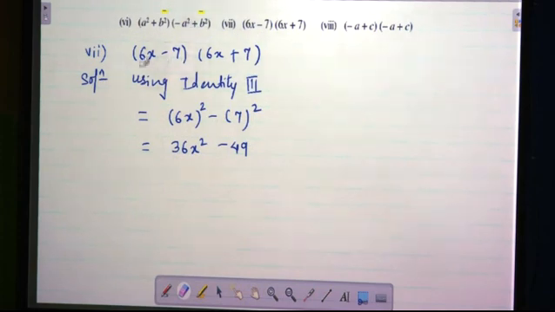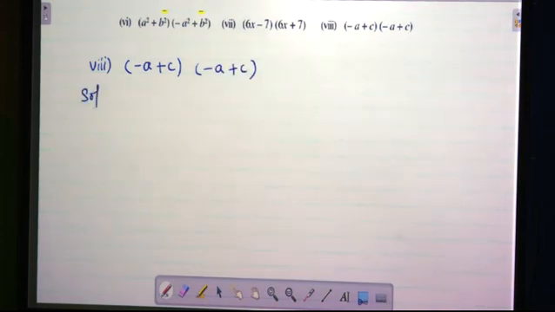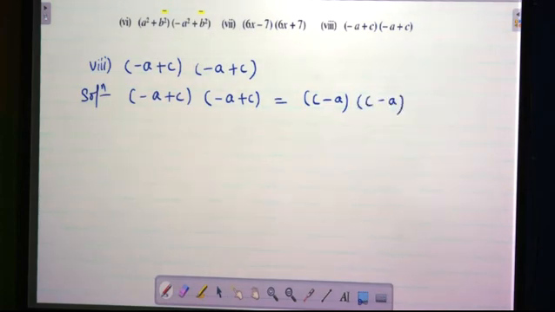Let us solve the next sum, that is the eighth one. Minus a plus c minus a plus c, this is the sum that is given. We shall write it as minus a plus c minus a plus c is equals to c minus a, c minus a. This becomes c minus a on a whole square.